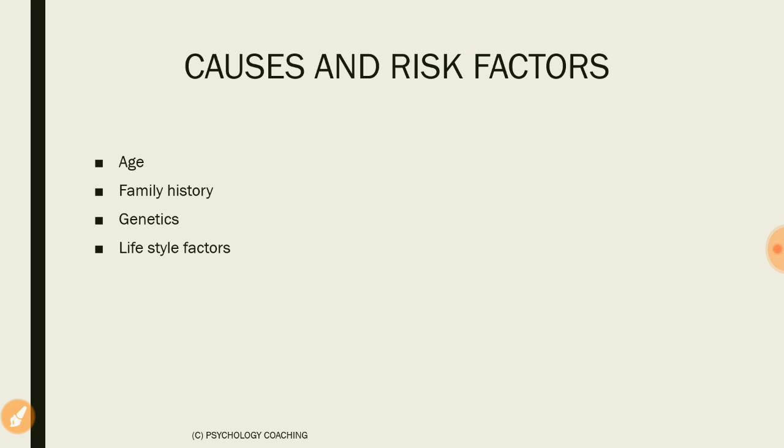A family history, if someone has suffered from this disease, you are already prone and you have a disposition for this. Then genetics, if it runs in your genes, and obviously lifestyle factors, the way you are living your life. There could also be biological reasons, like I've already told that chromosomes 1, 21, and 14 are responsible. So if there are problems in these chromosomes, you are automatically prone to Alzheimer's disease.